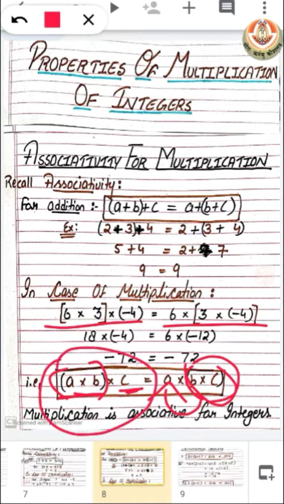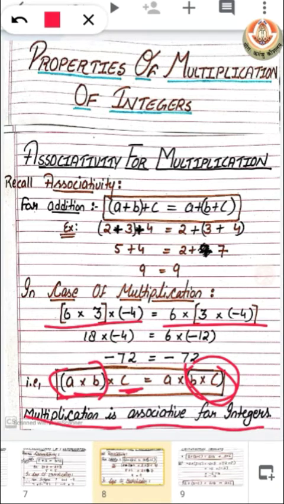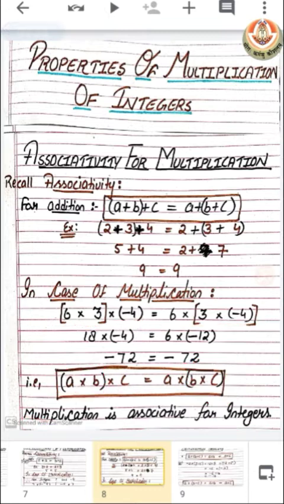In both cases we get the same answer. This is, multiplication is associative for integers. This is associativity for multiplication.